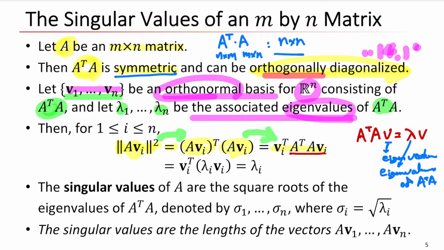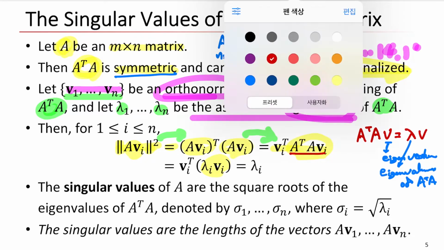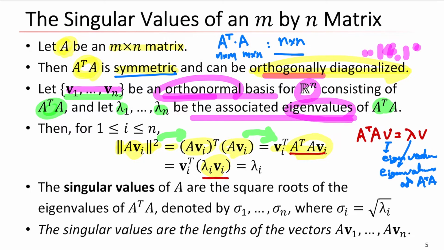And we can find out that this term will be something like this, with the vi transpose here, right? And lambda i is just a constant term, and vi transpose vi is equal to 1, right?